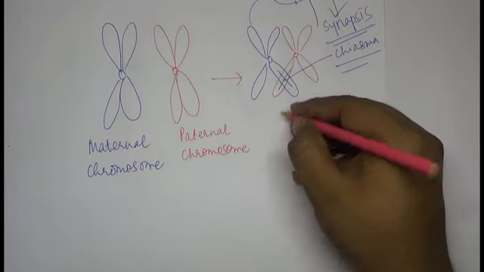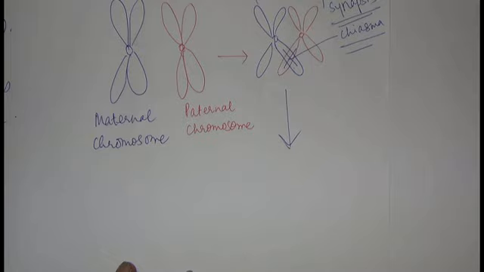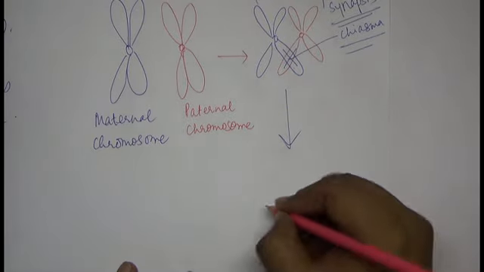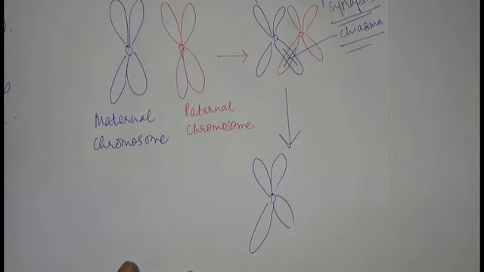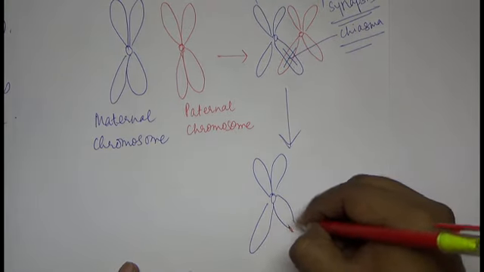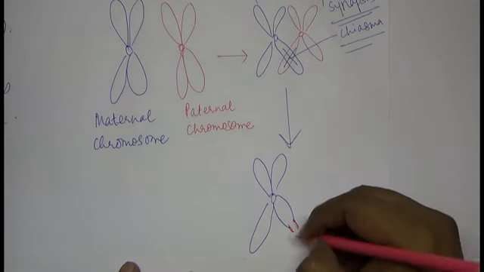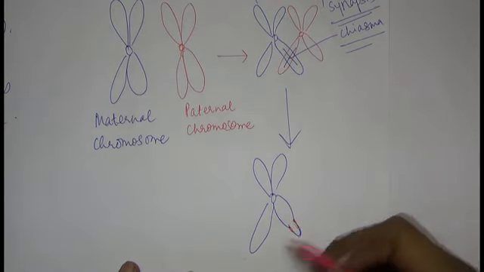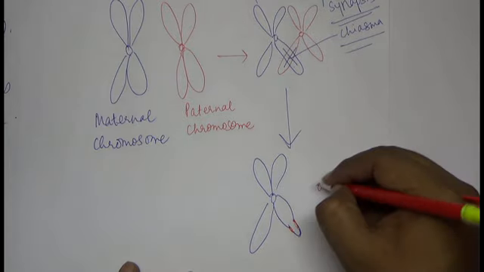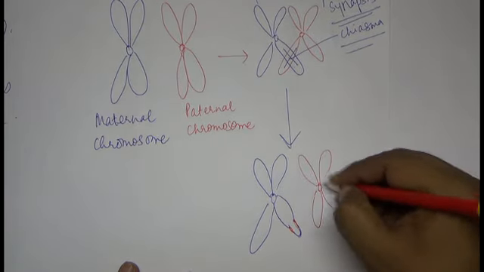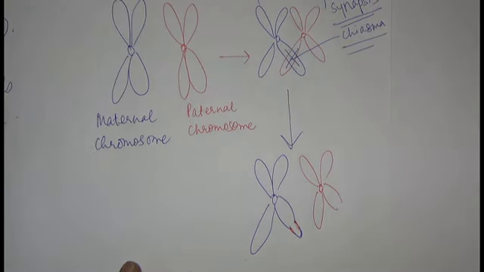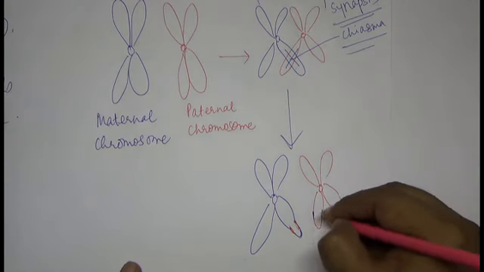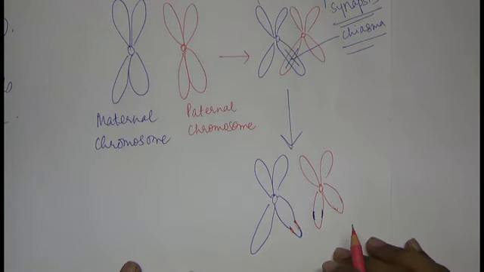So what happens after the end of synapses? We can see that the maternal chromosome looks somewhat like this, and the paternal chromosome looks somewhat like this.